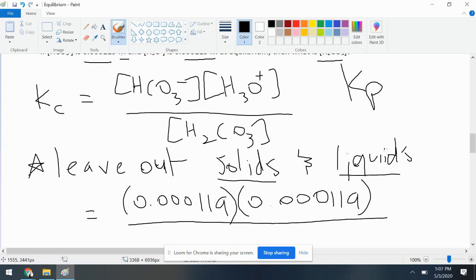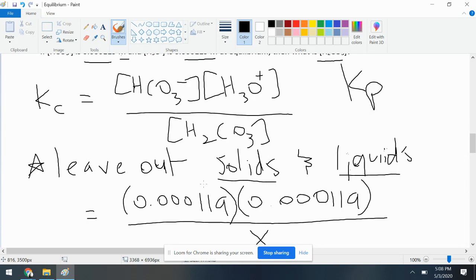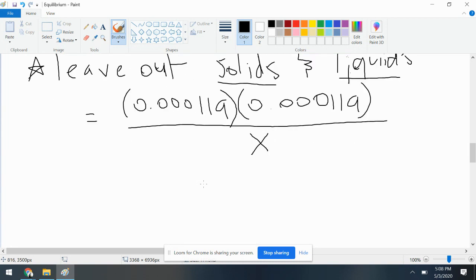Since they're both the same value, you just square it, over X. X is the concentration of that reactant at equilibrium. And since I'm given my KEQ, I'm just going to plug it in. It's going to be a very small value, 4.3 times 10 to the negative 7.